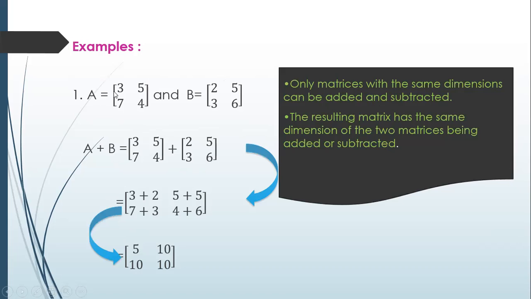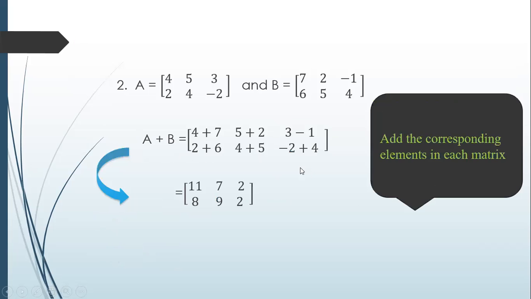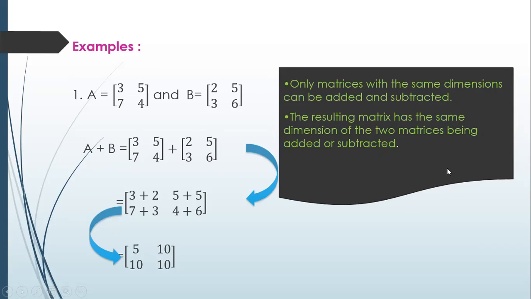Here matrix A is 2 by 2 and B is 2 by 2, so A plus B, the resulting matrix, is also 2 by 2. We write A plus B, where A equals [3 5; 7 4] plus B equals [2 5; 3 6]. Add the corresponding elements in each matrix.